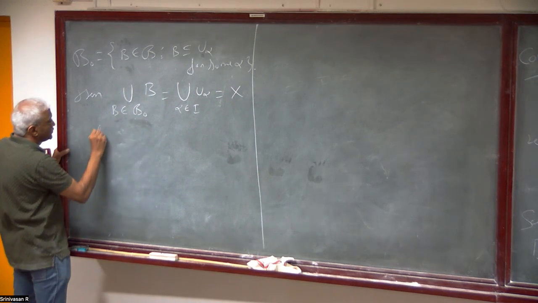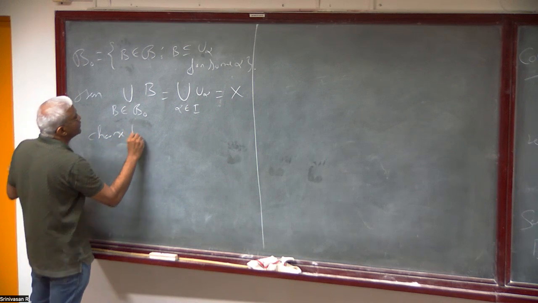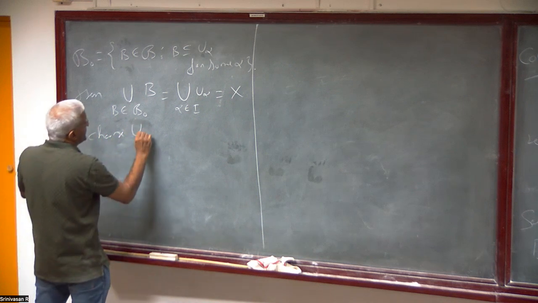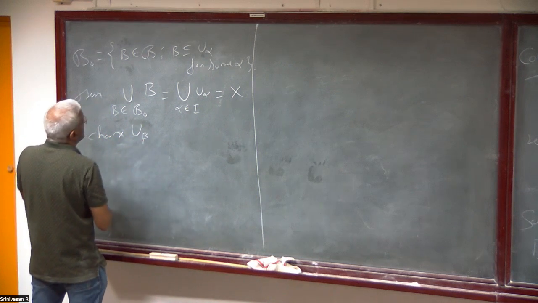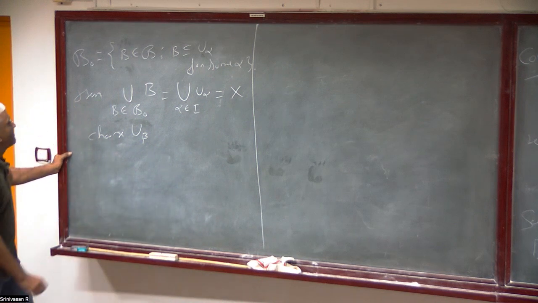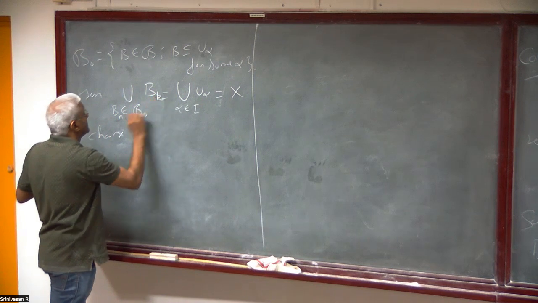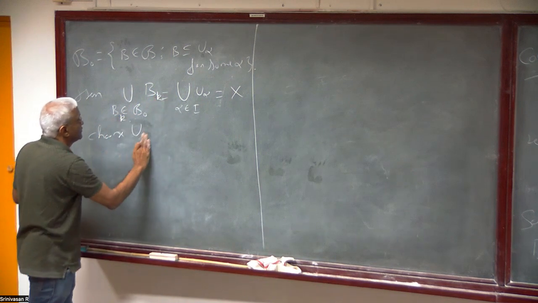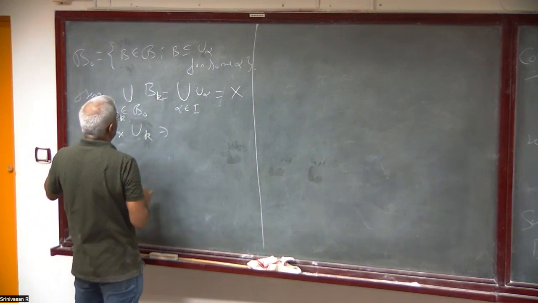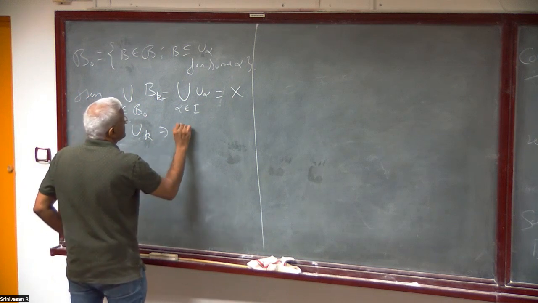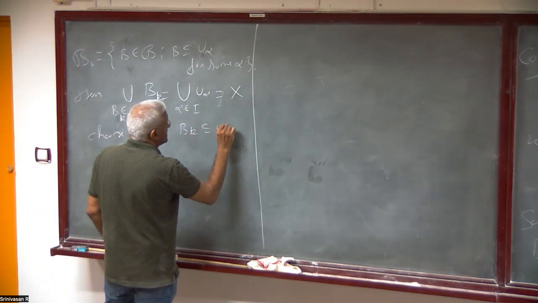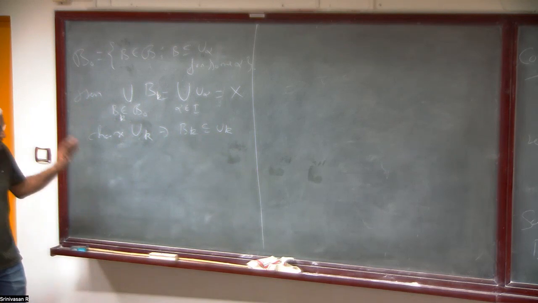Now choose B_k. Now choose U_k such that B_k is contained in U_k.